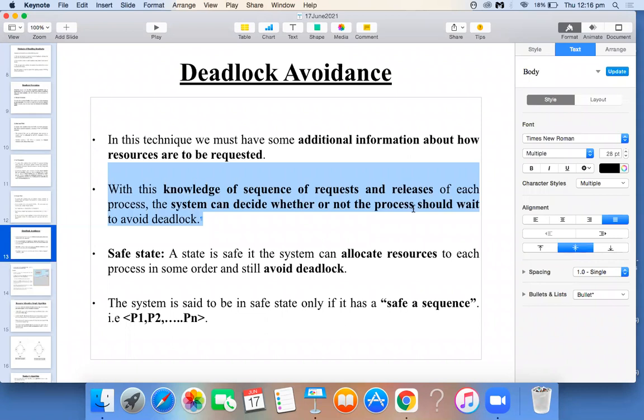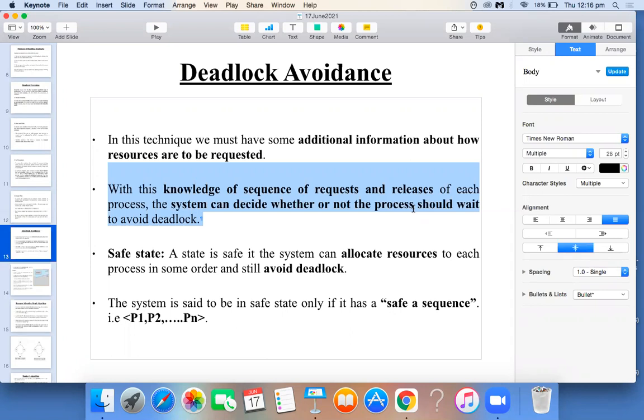Okay, right. Next thing is about a safe state. You can expect a question to be asked as a definition: define a safe state. So what do we mean by a safe state? Whenever any process requests a resource, if you allocate the resources to the requested process, your system should not end up in a deadlock state.